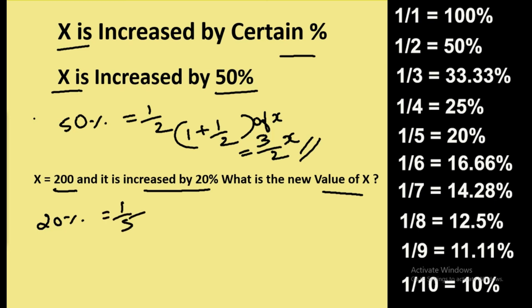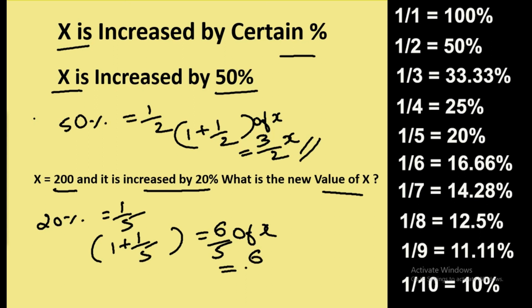So increased by means 1 plus 1 by 5, which is 6 by 5 of X. X is 200, so 6 by 5 into 200. 200 divided by 5 is 40, and 6 into 40 gives the answer 240. The new value of X is 240.